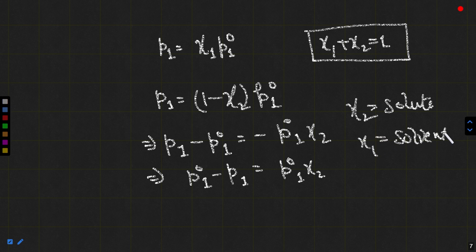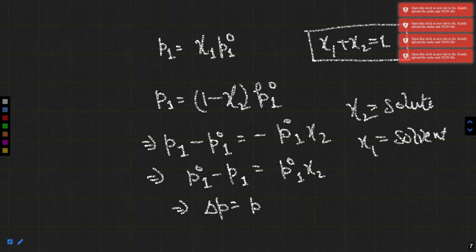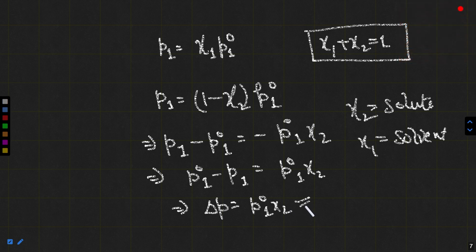Similarly, P1 is for the solvent and P naught 1 is for the pure solvent. So this is your Raoult's law. Now we can write P naught 1 minus P1 as delta P, and this equals P naught 1 chi 2. So this was our equation.